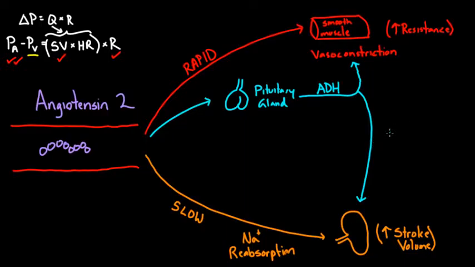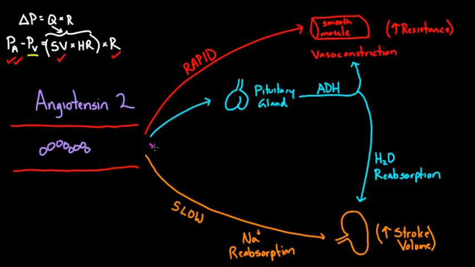But instead of that sodium reabsorption, this ADH causes water reabsorption. Now the effect for blood pressure, in many ways, is going to be similar, because if you're reabsorbing water, again, your stroke volume will go up. And if your stroke volume goes up, your arterial pressure goes up. So at the end of the day, your pressure will still go up, but it's slightly different because it's water reabsorption versus salt reabsorption. And we'll talk about the difference momentarily.